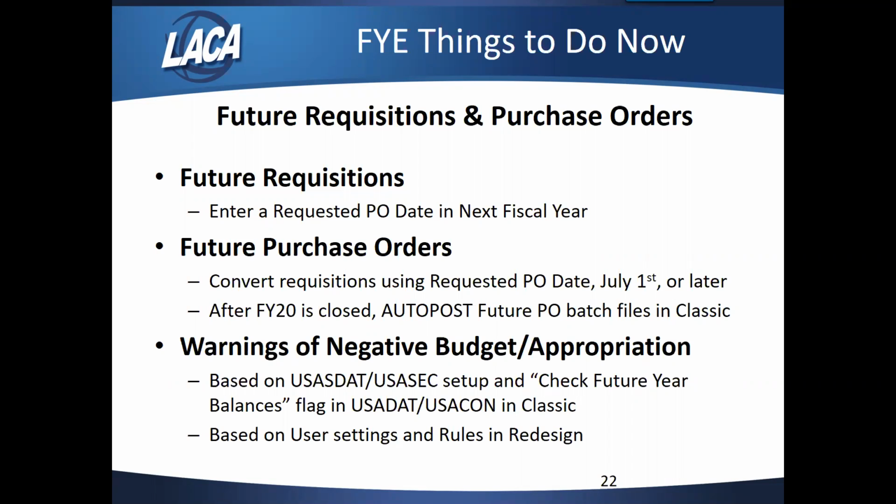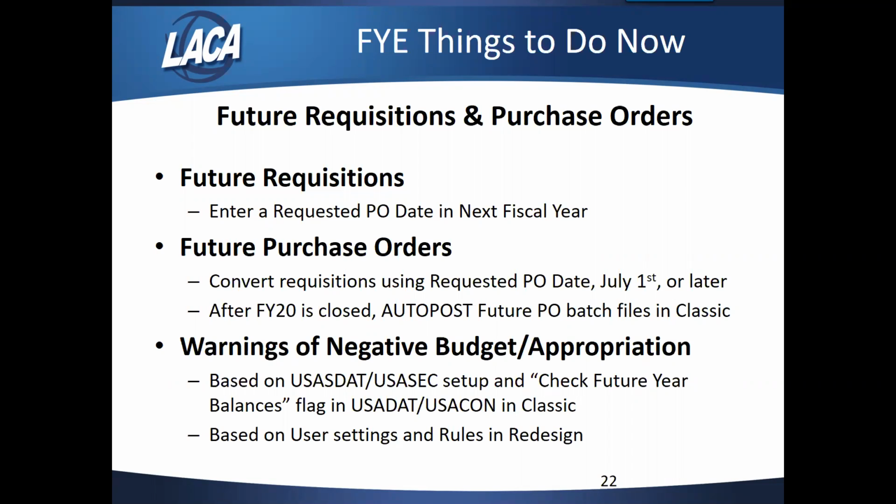And then there's also a message there for you that your users will receive warnings related to negative budget and negative appropriation based on the settings in your district database. So if you're on Classic, there are some settings in USAStat, USA Secure on each user, or there is a flag in USAStat USA Con for check future year balances that impacts those warnings.